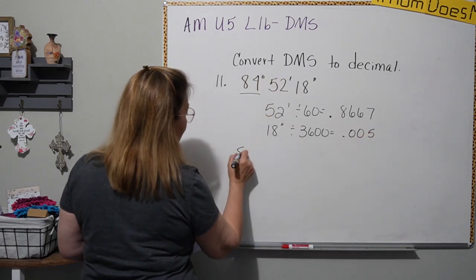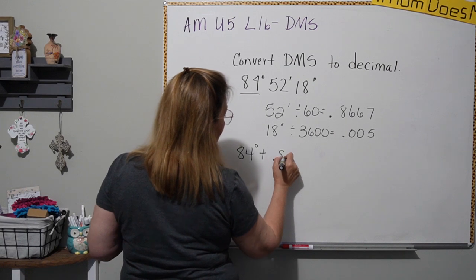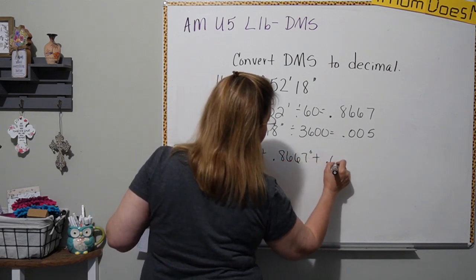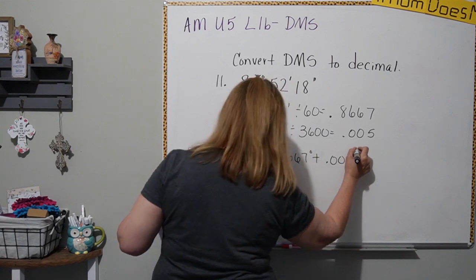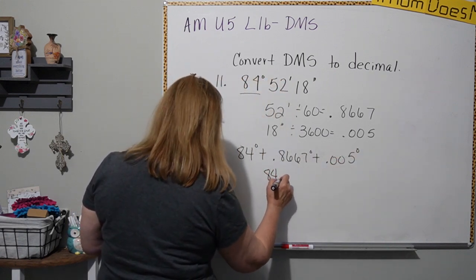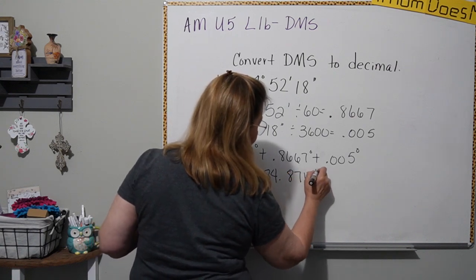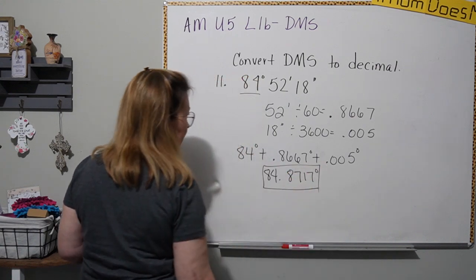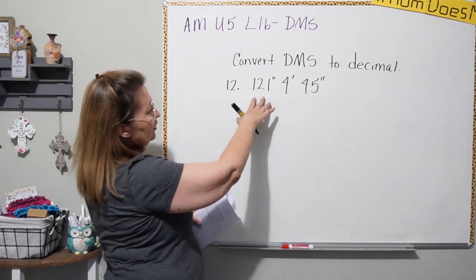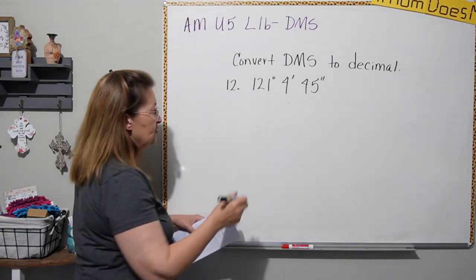So now for our final answer, we're going to add the 84 degrees plus the 0.8667 degrees plus the 0.005 degrees, and that is going to get us a final answer of 84.8717 degrees.